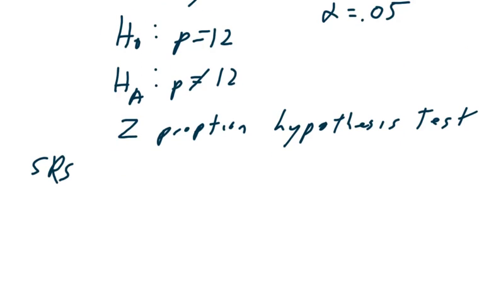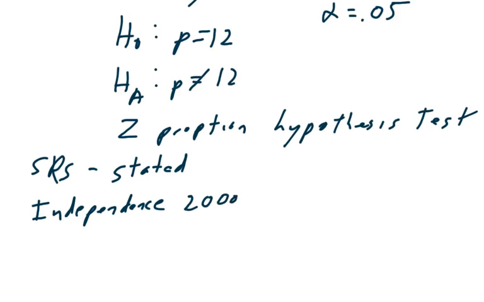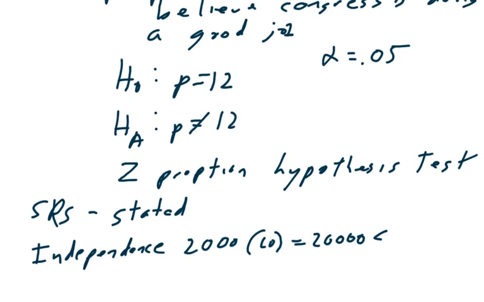SRS. Doesn't state it, but it should have. Independence: we got 2,000 times 10 is 20,000, which is less than the number of people.